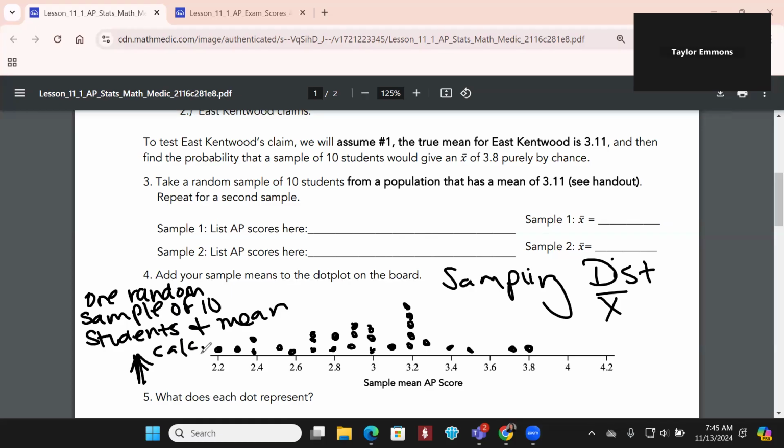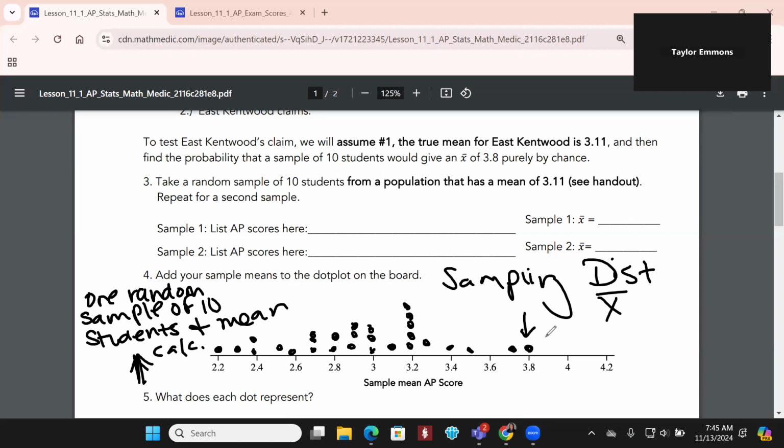All right, for number 6, for a school with a mean AP score of 3.11, what is the probability that a sample of 10 students gives an X bar value of 3.8 or greater based on our dot plot?